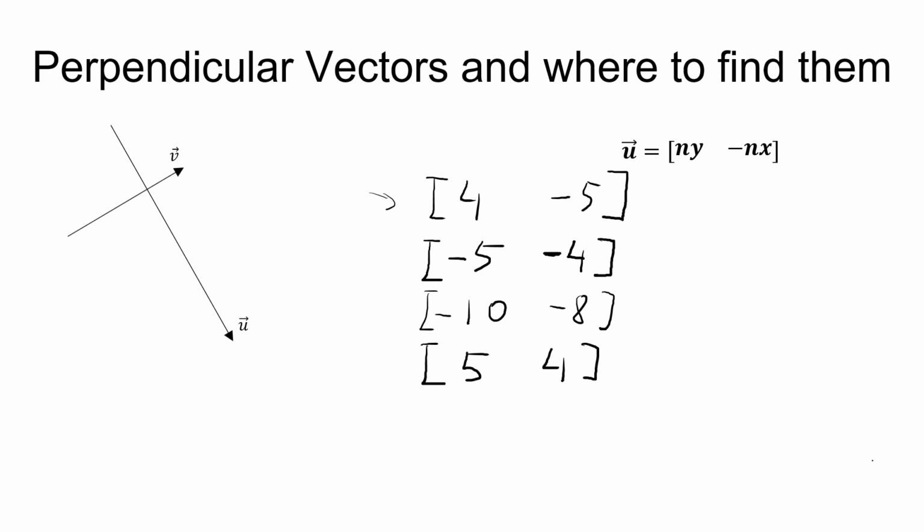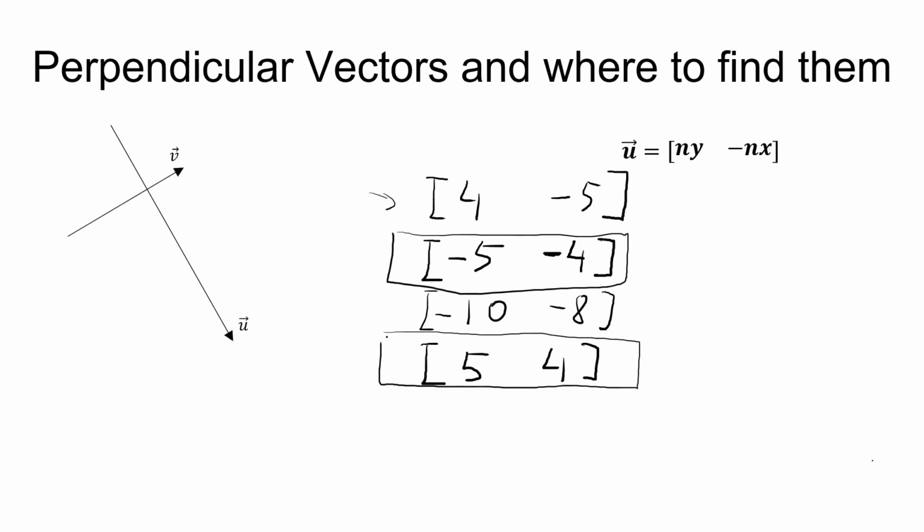Basically, you can notice that to get a perpendicular vector, particularly this one here and this one here, you have to swap the coordinates, x with y and y with x, and then flip one of the signs, because you can use either positive n or negative n.